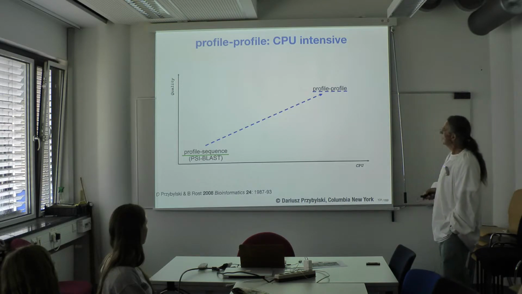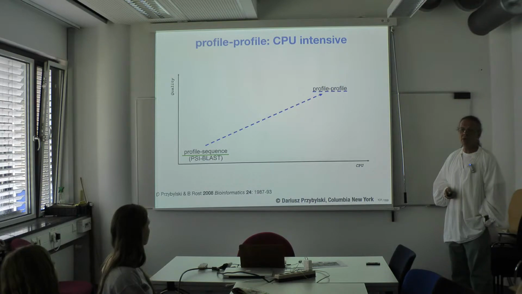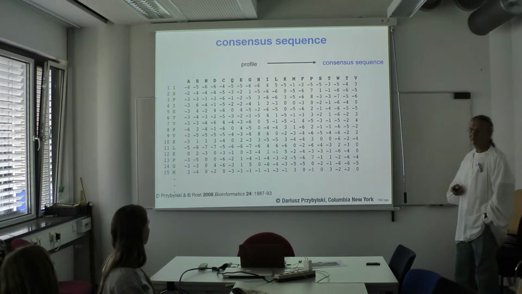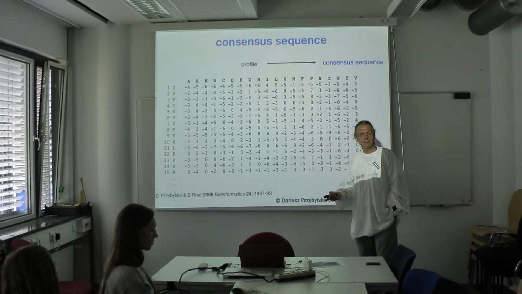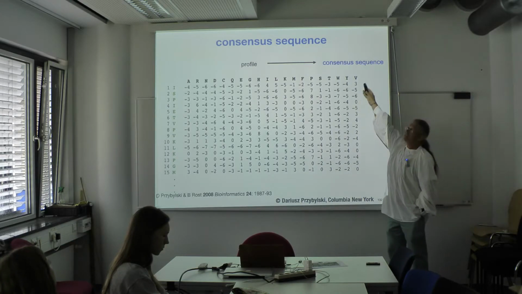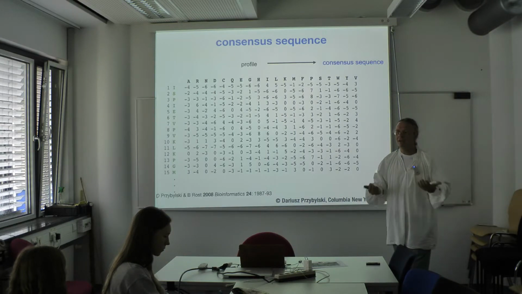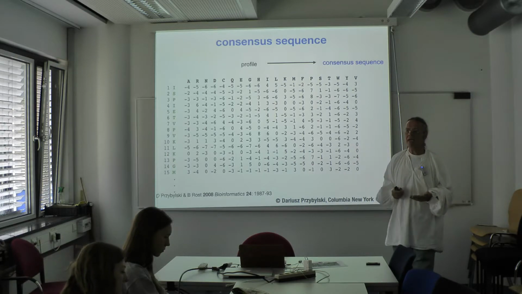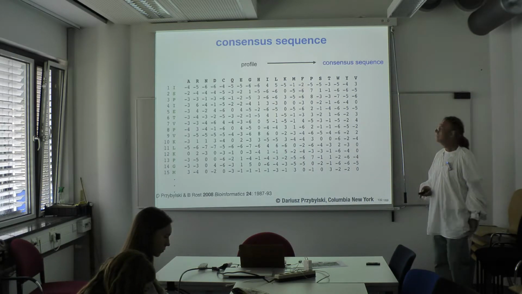In a poor man's version, what I would take is get some of the quality without paying for CPU. And the way he proposed to do that is, instead of running profile, he took a profile, turned it into a consensus sequence, and then ran against a consensus sequence. So this consensus sequence in that sense is like a profile cast into a sequence, and that you align against a profile, and you can do that on the speed of PSI-BLAST. Ultimately, that's what he did.